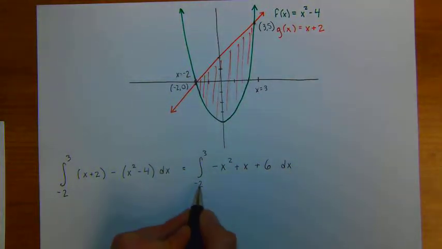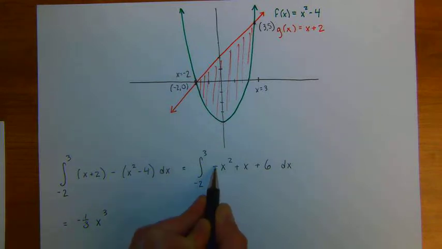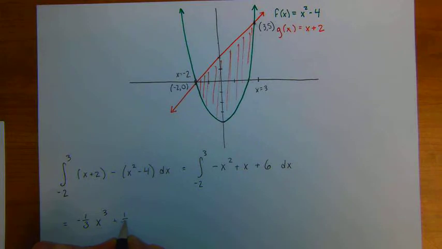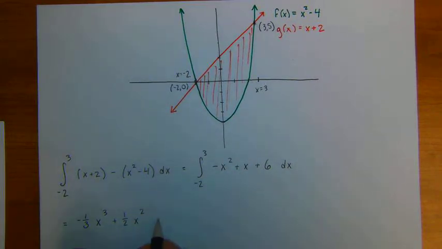And now I'm going to compute the integral using power rule, raising each of the exponents and multiplying by the reciprocal of those exponents. I end up with a first term of x cubed times negative 1/3, the negative carries on. The next term becomes 1/2 x squared, again raising the exponent by 1. And then my linear term 6 becomes 6x.